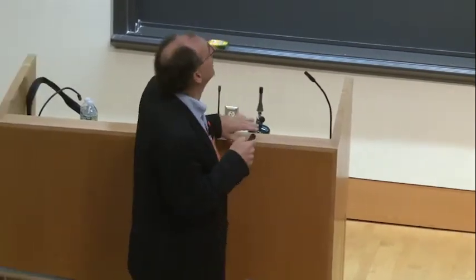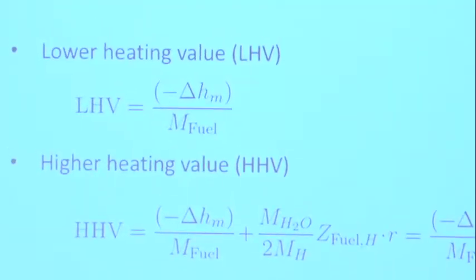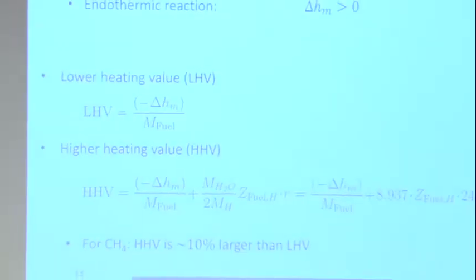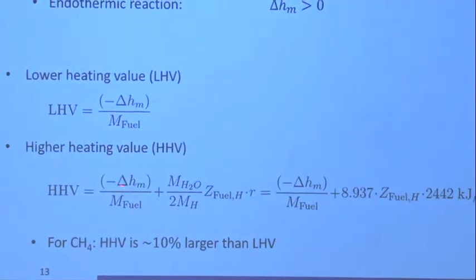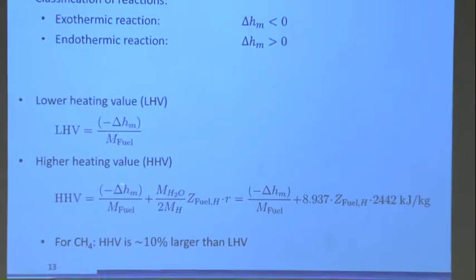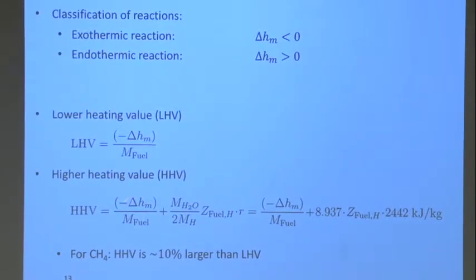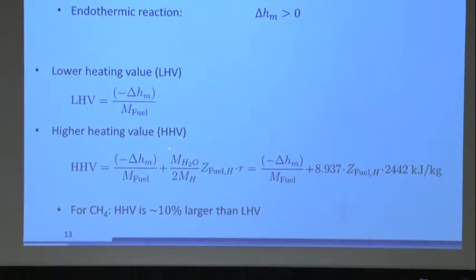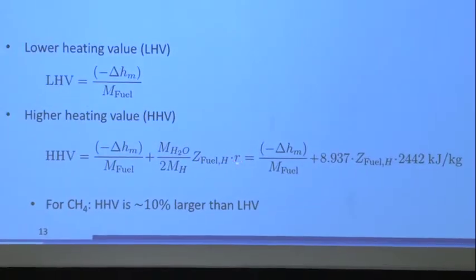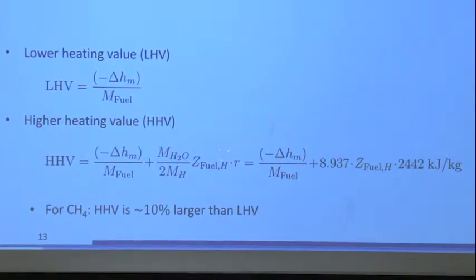That's why we call it the lower heating value when the water is in vapor phase, and the higher heating value when the water is in the liquid phase. So they relate to each other by, here you see, the higher heating value is the lower heating value plus the heat of vaporization times basically the mass of H2O that I can form from the given fuel. Okay.